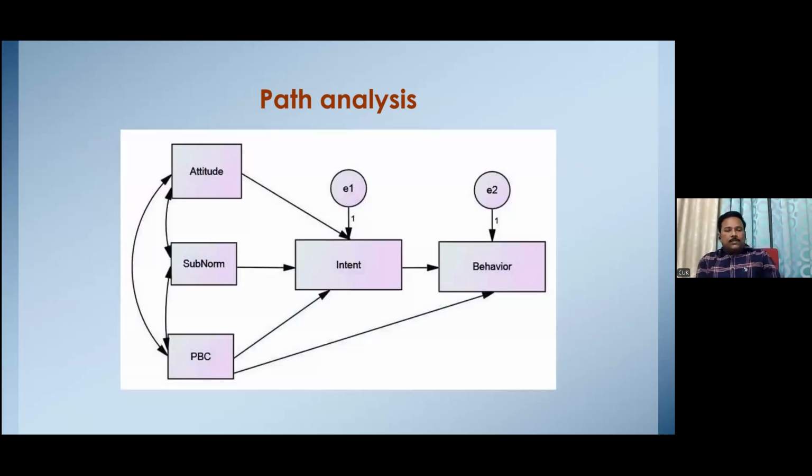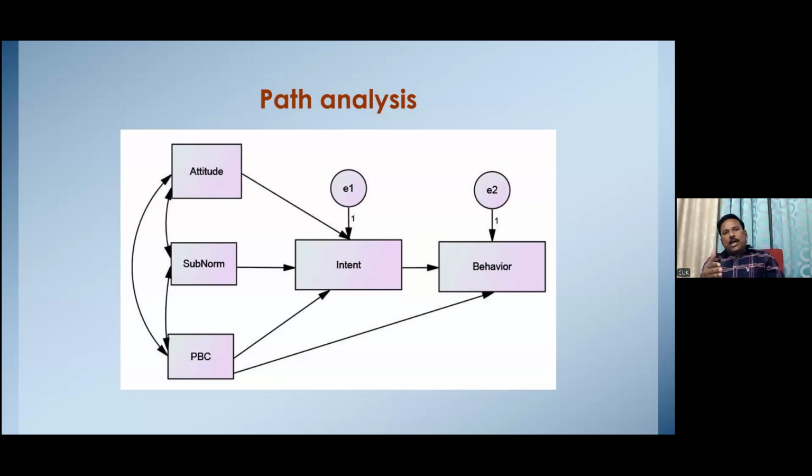In this paper, there are 5 variables the authors have used. The context is that they are using the theory of planned behavior to predict the behavior of applying to graduate programs, and the intentions to apply, like what is the actual behavior. If you look at this path analysis picture, it shows three independent variables: attitude towards the graduate applications or programs, the subjective norms, and the perceived behavioral control.